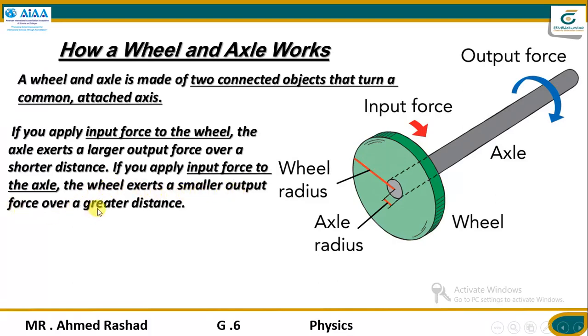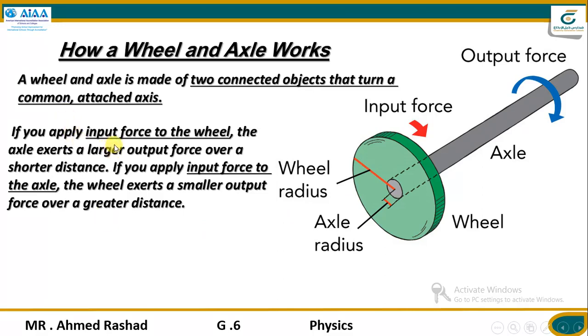So we have here the difference between the amount of force taken by the wheel or axle and the distance of the force.